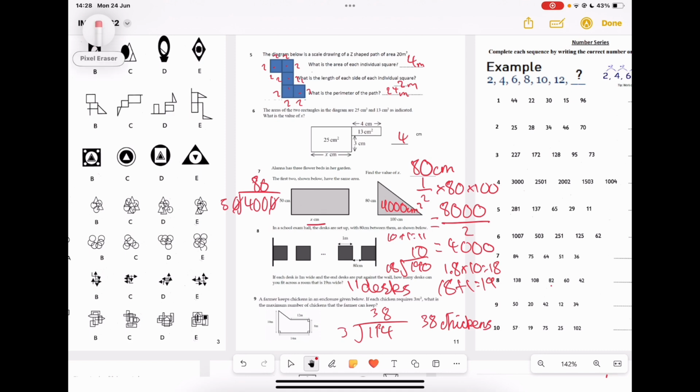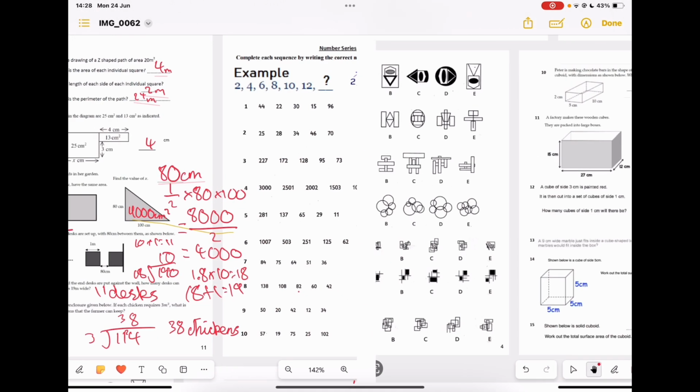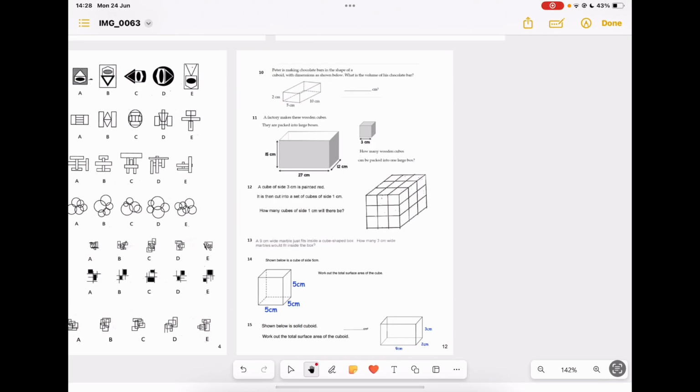Okay, let's move on to page 12. So this will be the last one. Okay. So Peter is making chocolate bars in the shape of a cuboid, with dimensions as shown below.